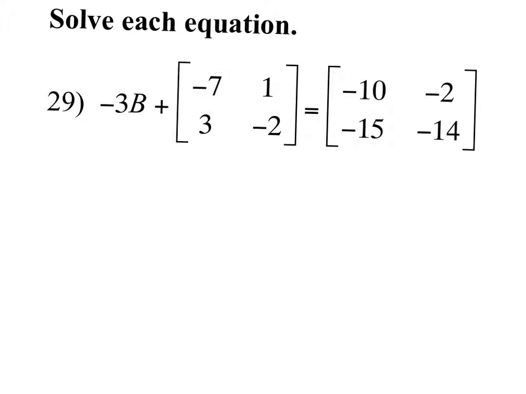Number 29. We've got to solve this matrix equation. And to do that, we're going to subtract my left matrix from both sides.